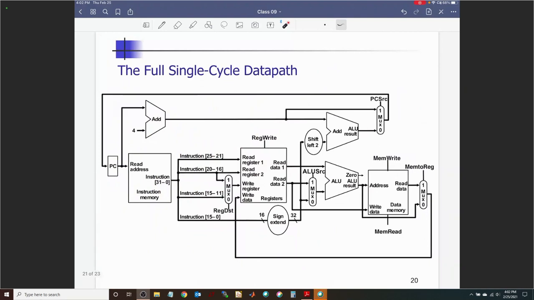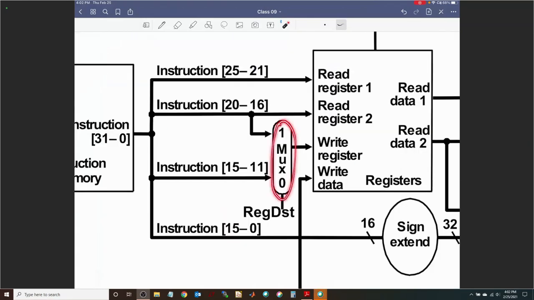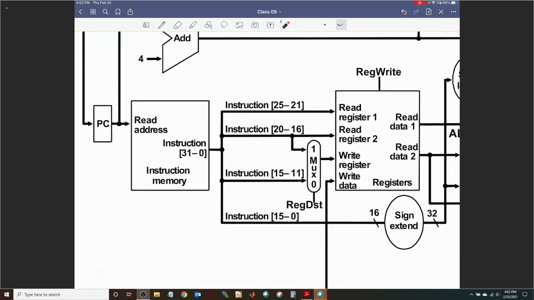That's your full single cycle data path. Program counter needs to get added by 4. This is your branch address calculation, register file. You see this mux, this is your register destination. You remember earlier when we were looking at R-type instruction versus load and store instruction, we had 3 registers.